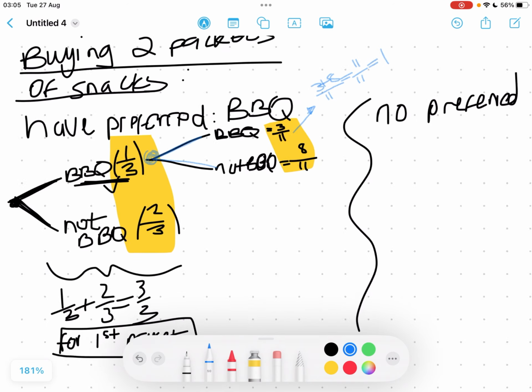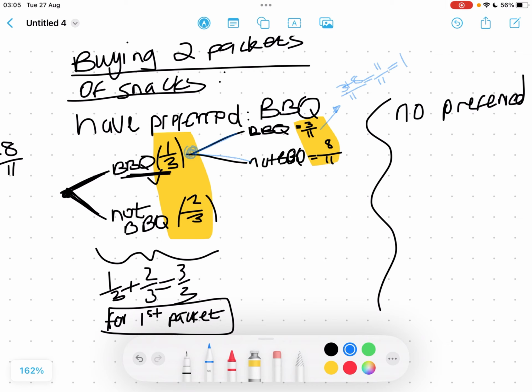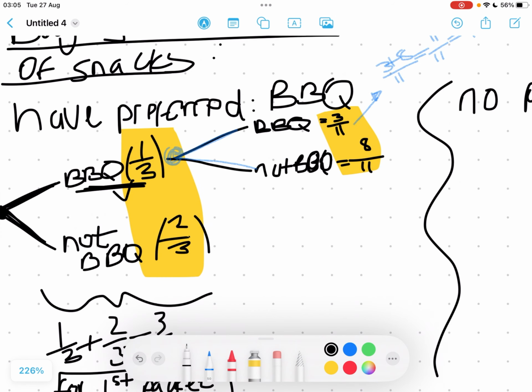Now we move to the part where, let's say he pulled out the first packet of coleslaws and it wasn't barbecue, maybe it was pink or it was green, right? So what you can do at this point is, since he took out the first one and it was not barbecue, you look at what your options are after that. So you still have barbecue coleslaws in that bag. And fortunately enough for you, it's still 4.